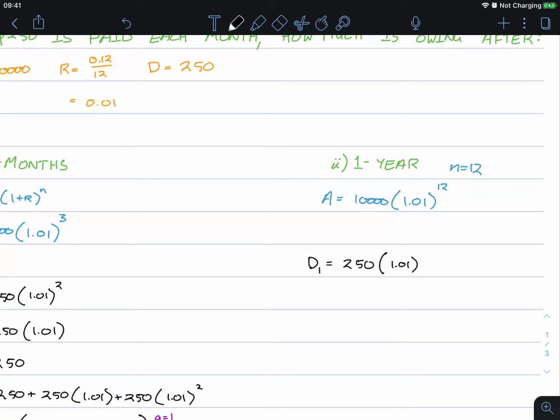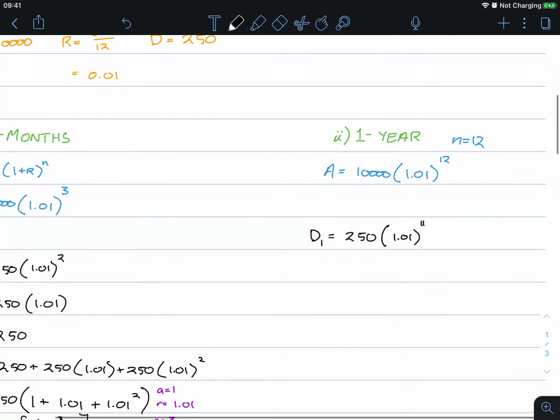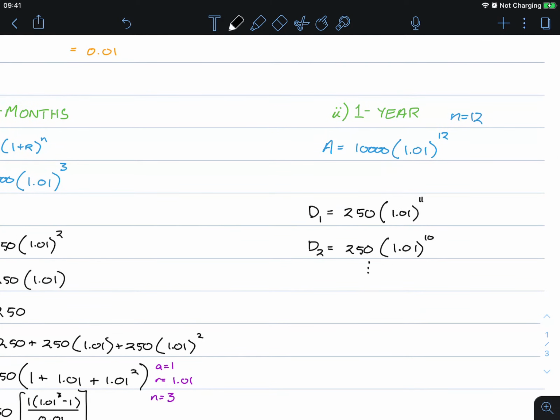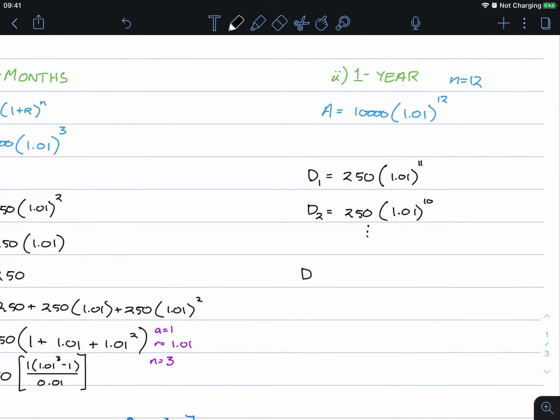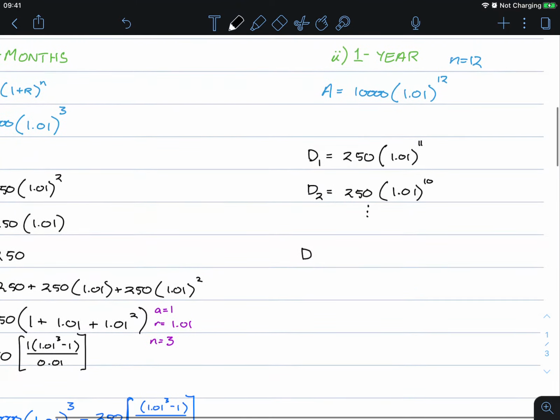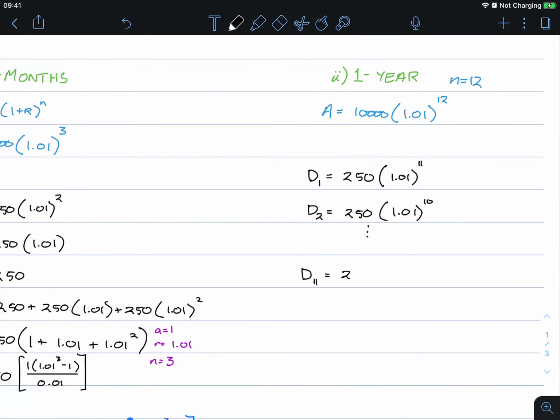This first deduction will receive 11 months of payment. The second one will receive 1 less, 10 months of payment. This continues until the 11th month, 1.01 to the power of 1.